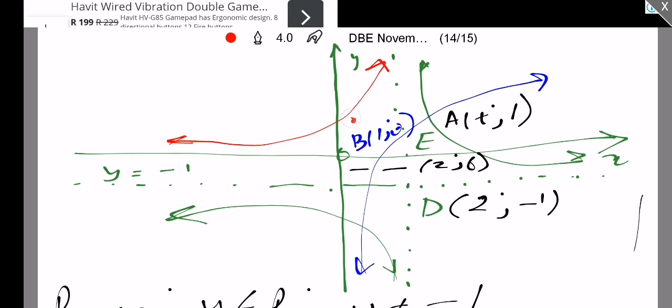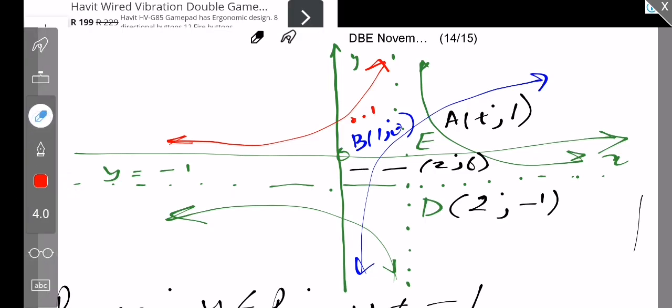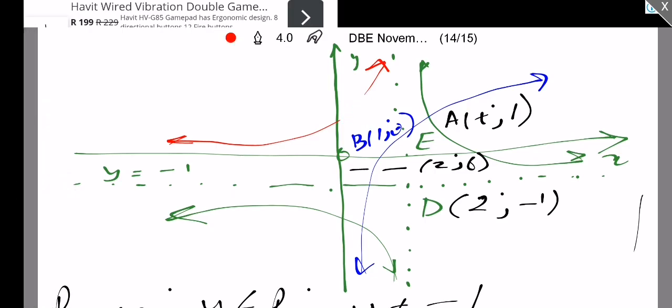It's going to be 0 and 1. It's going to be 1 here. Say the value where y equals 3, it's going to be somewhere here, 3.